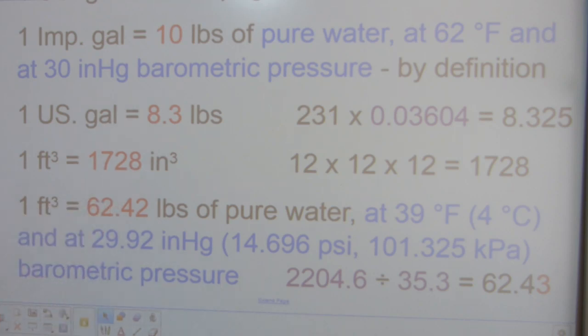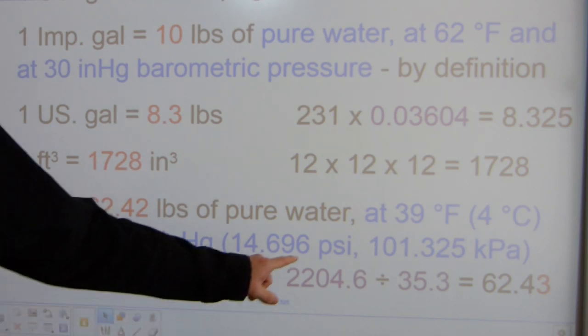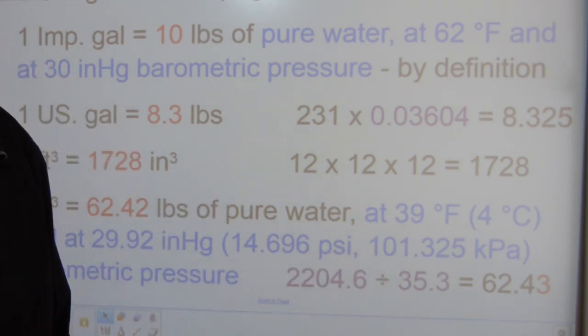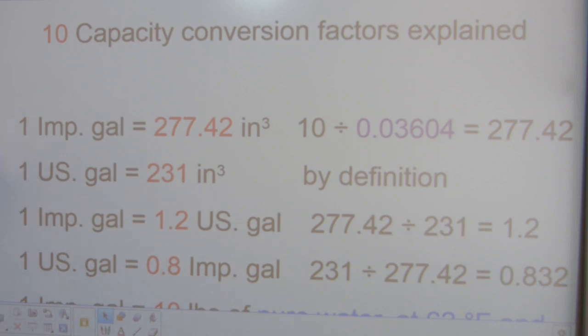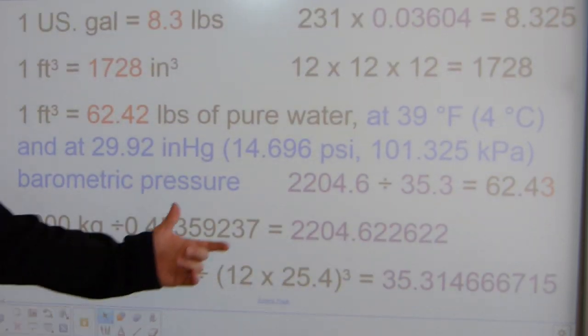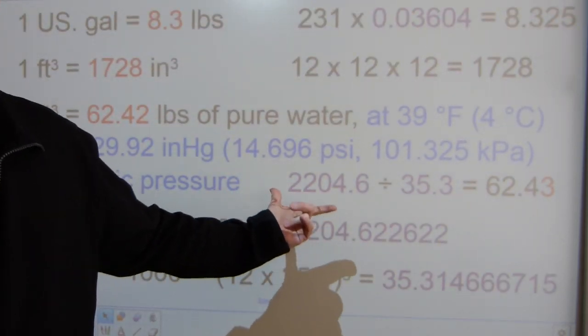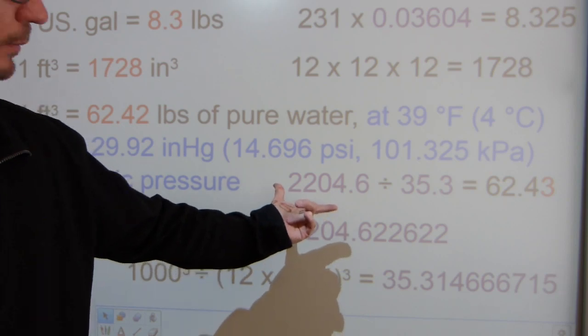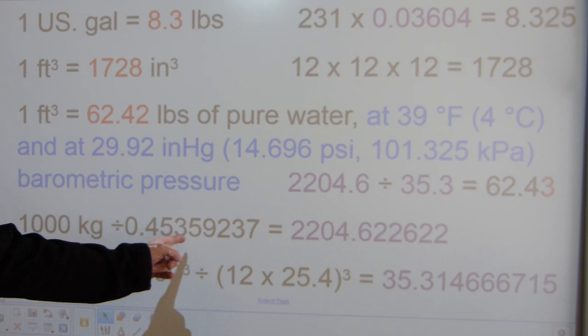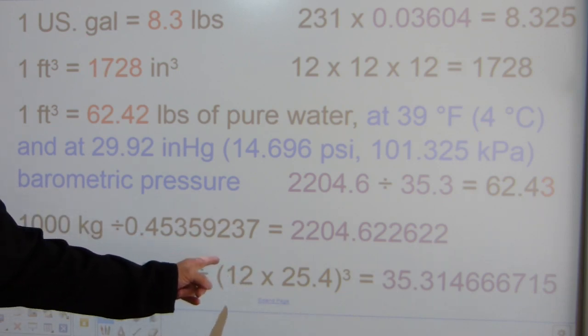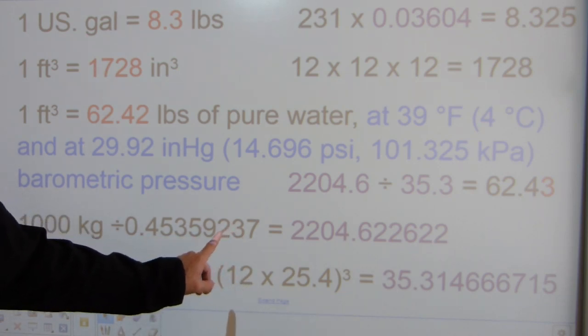You get this number 62.42 if you divide those two purple numbers by each other. Where do those purple numbers come from? It's a mouthful, but it's straightforward. This one is 1 ton, metric ton, 1,000 kilograms. And 1,000 kilograms divided by, this is 1 pound, converted to kilograms, and it does not have any more digits.